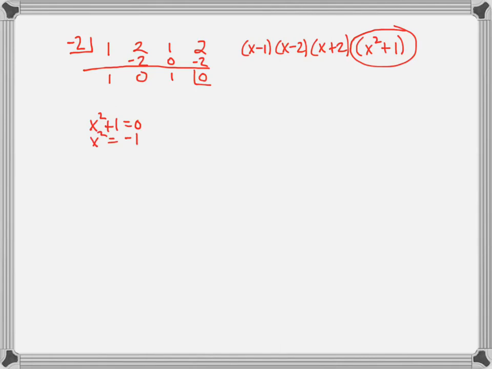So if I subtract 1, because there's no b term, x squared equals negative 1. Square root both sides, we get x equals plus or minus the square root of negative 1. And remember, the square root of negative 1 is i. So this means x equals positive or negative i. We could have also tried to factor or use the quadratic formula to find the other roots or zeros here.